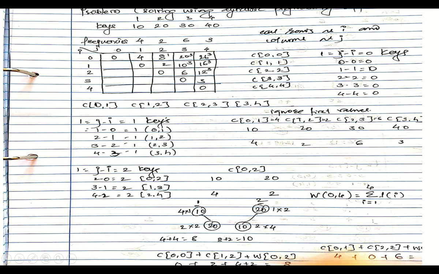So what is the first key of mine? First key is 10. Now 1 comma 2, in cost of 1 comma 2 I have to ignore the first value. So first key is what? 10. I have to ignore 10. So second is 20. I have to ignore 2. So third is 30. I have to ignore 3. So 4 is 40. Accordingly, the costs of them are 4, 2, 6 and 3.